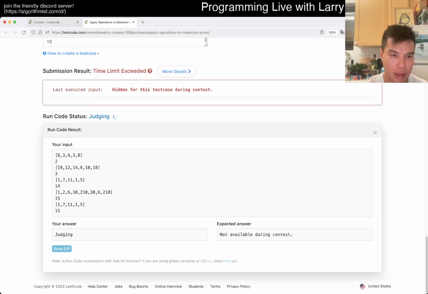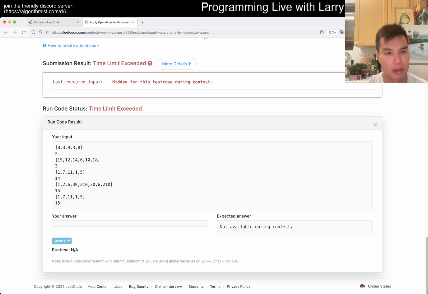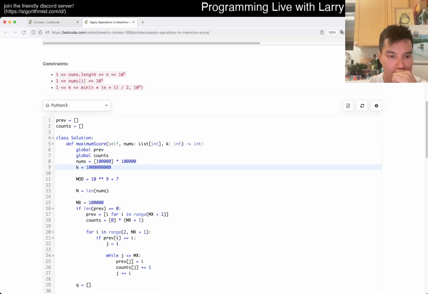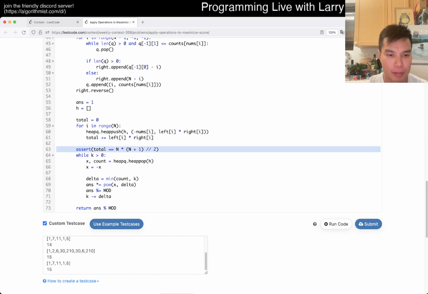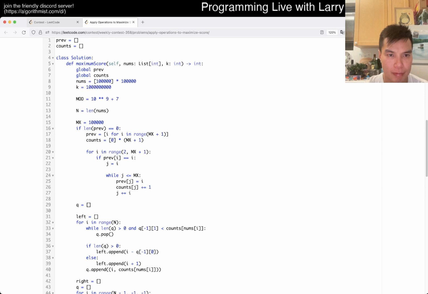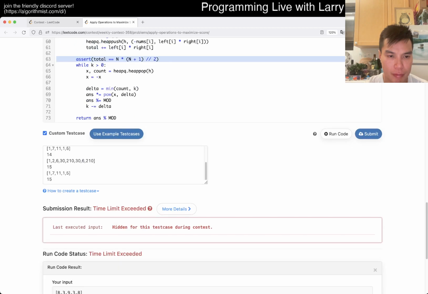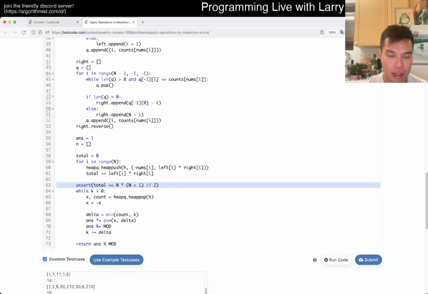Is it slow at least? If it times out, that would be interesting. Okay, so that's good, in that I don't know why this times out. Why does this time out? Because the K is too big?